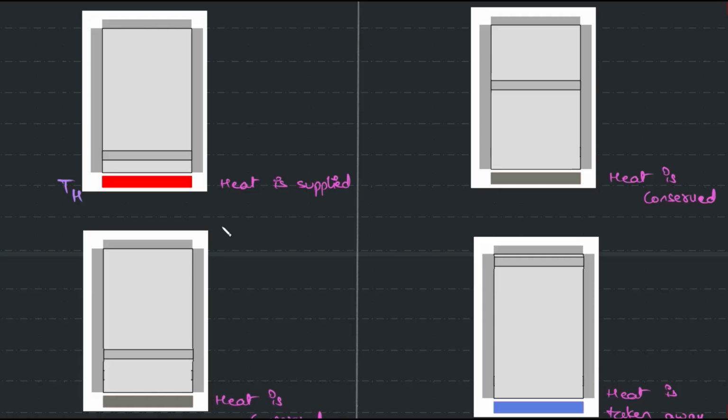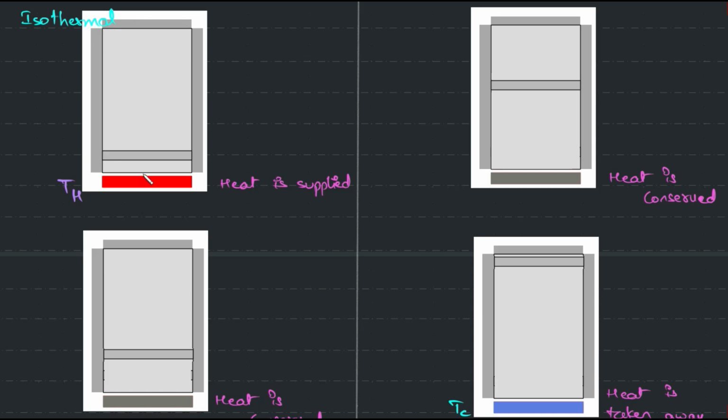And here, again, heat is conserved. Okay guys, now you have a heat source and here you have a cold source, and here the entire system is insulated and here too the entire system is insulated. Can we decide on the name? Can I call this isothermal? What does it mean?